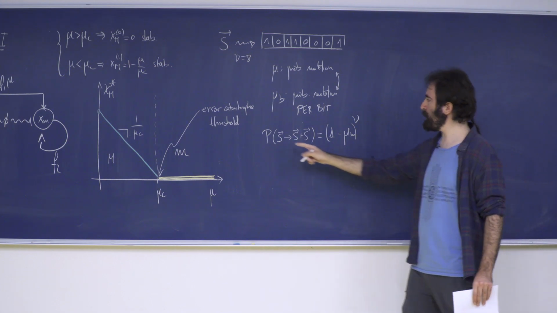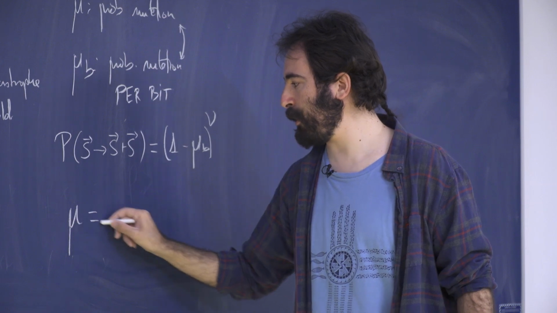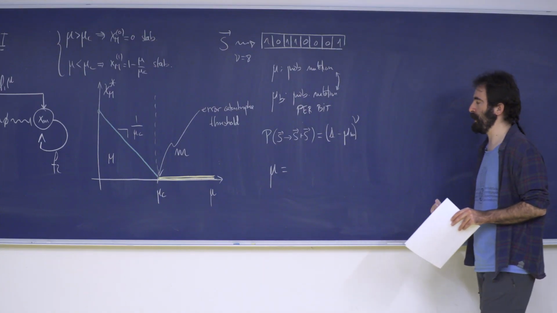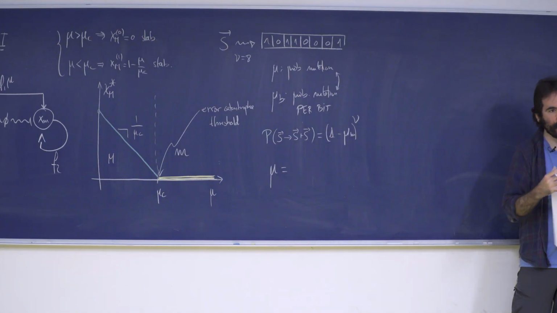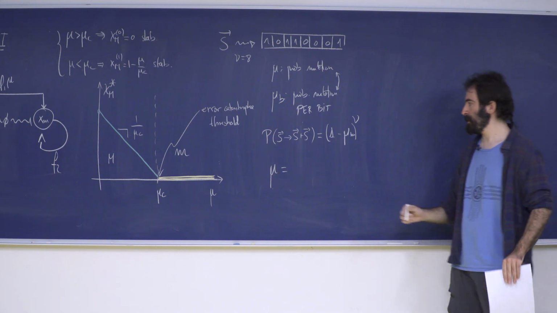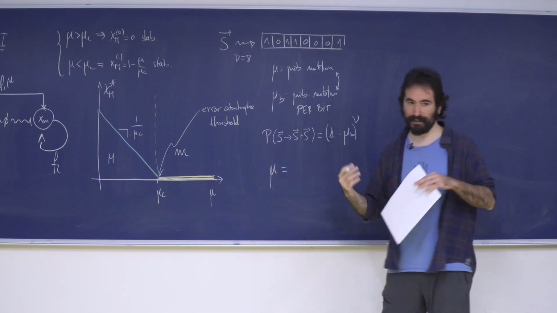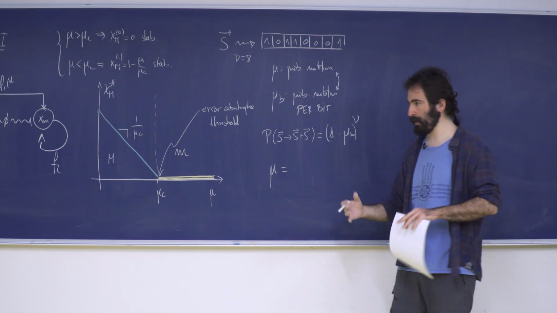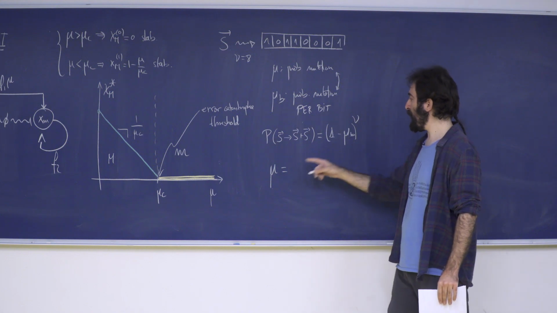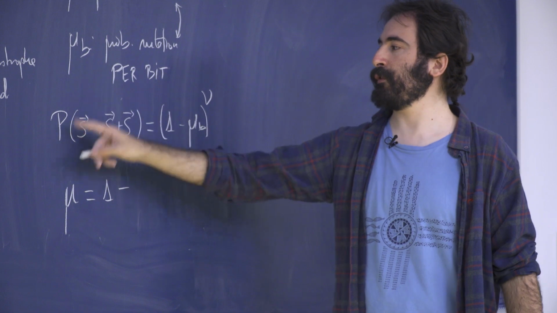Great, so this is the probability that I replicate properly, right? But remember, we defined mu to be the probability that I do not replicate properly. And I could make mistakes wherever, in either 1 bit, 2 bits, or many bits. So altogether, what we have to think about, and we have seen this kind of argument before also when we were using reliability theory, is that mu is going to be just the complementary probability of this one over here.